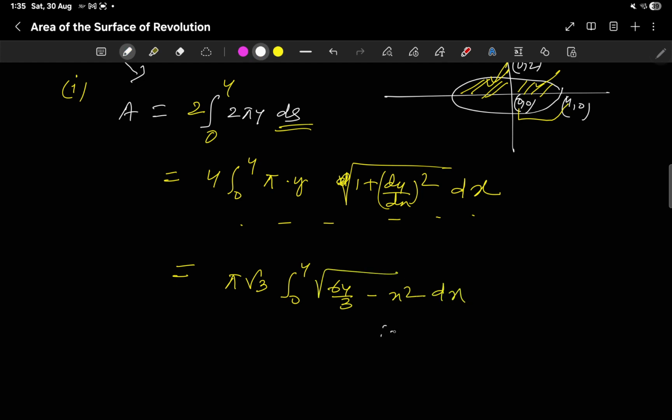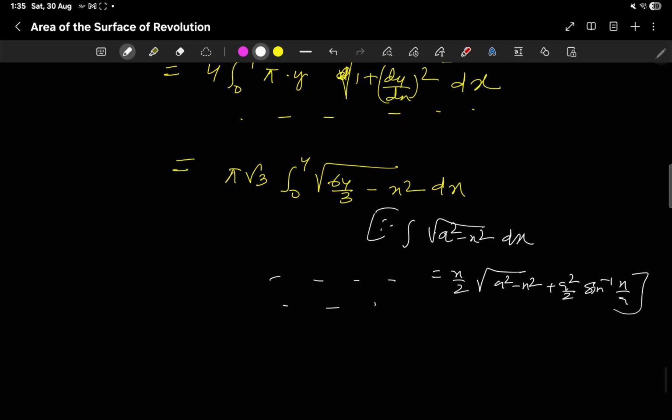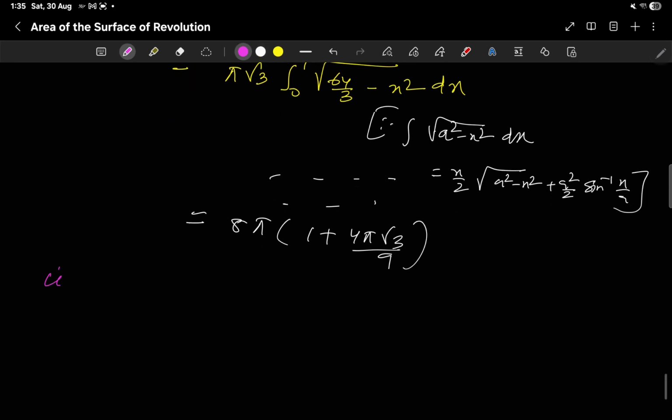It is of the form integral of square root of a square minus x square dx, and it is x by 2 root of a square minus x square plus a square by 2 sine inverse x by a. This is the formula. If you apply this formula and simplify, it will be 8 pi into (1 plus 4 pi root 3 by 9).